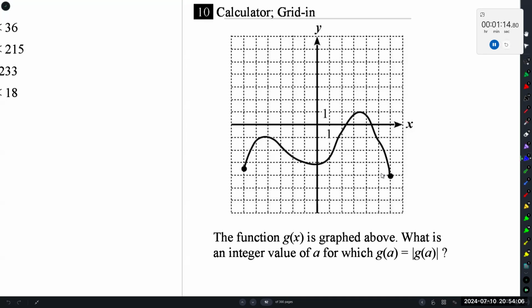Remember what modulus did? It would turn everything that is negative into positive. So what they're saying is the answer to the function, the y value of g of a, is the same as the modulus of g of a, which means there is no difference. What does the modulus do?